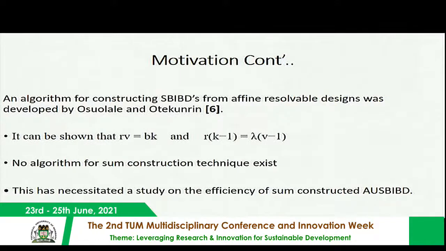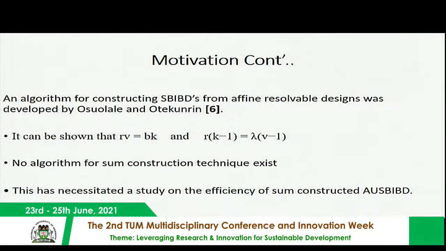The fact that we were able to show that if you take R multiplied by V, you will get a value which is equivalent to B multiplied by K, where R is the number of replicates used in that design, V is the number of treatments, and B is the number of blocks. Then K is the number of times a given treatment appears within the design.